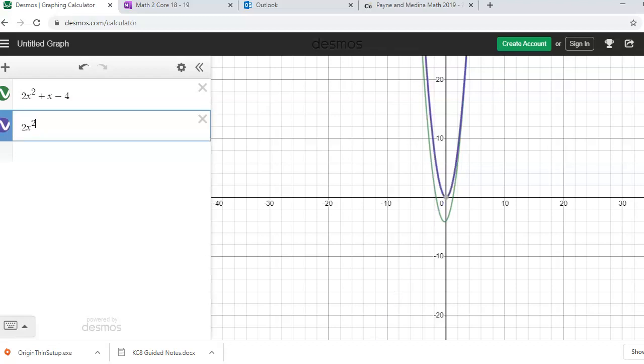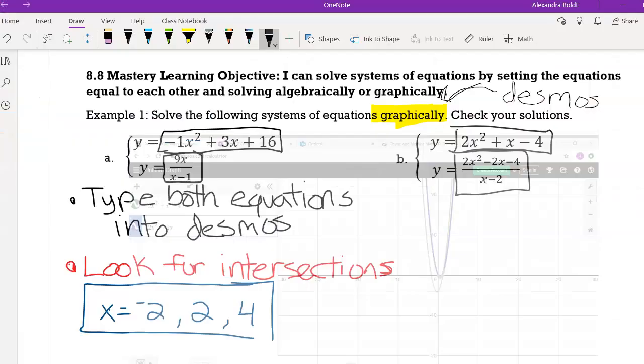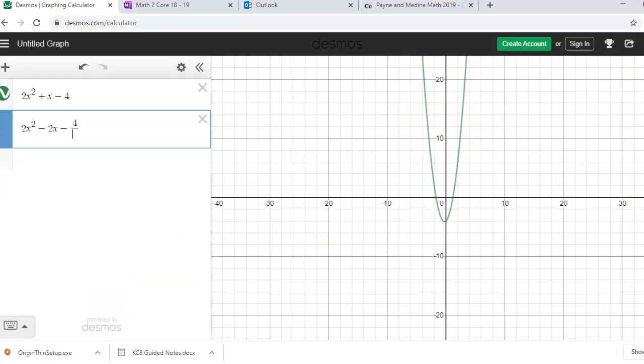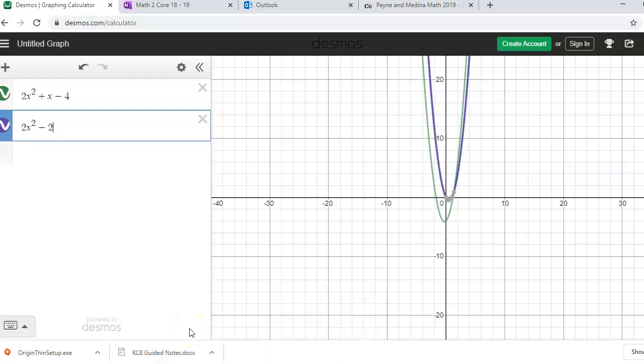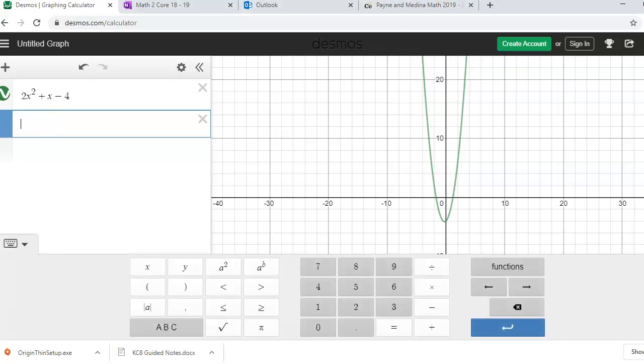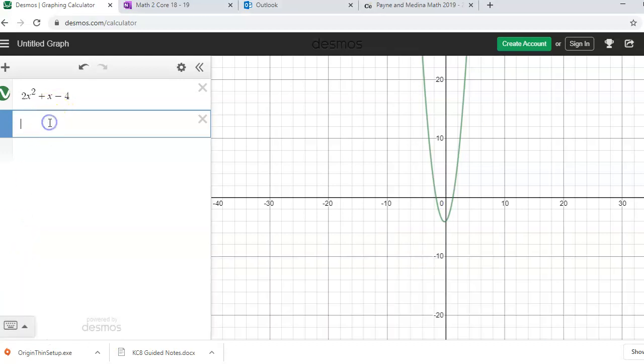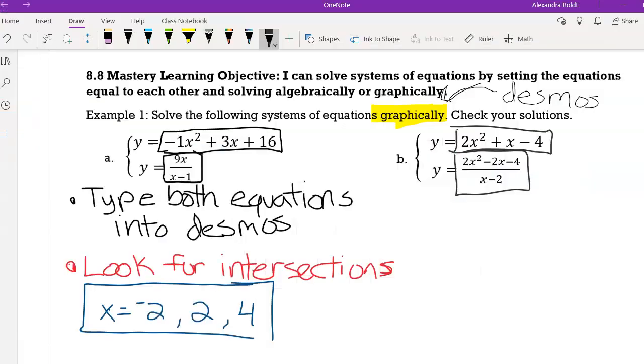So the easiest way is to type 2 and then divide by, so just type the division in and then click back in the numerator and finish the numerator.